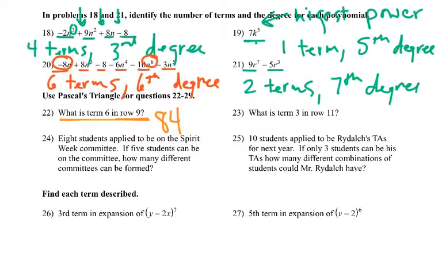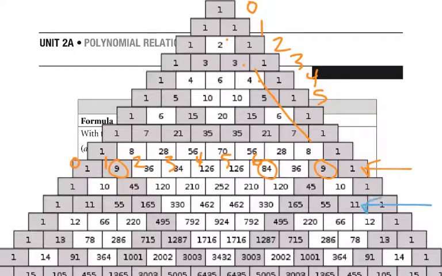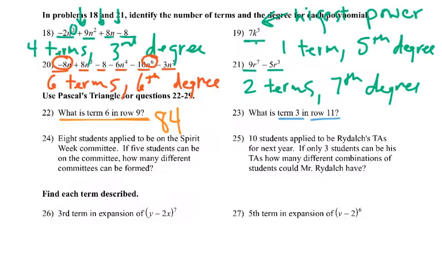Okay, 23, what is term 3 in row 11? So let's go to row 11 right here. Term 3, 0, 1, 2, 3, so 165. Okay, now in 24 and 25, they're essentially asking the same thing as 22 and 23 did, but they're doing it with that combinations idea, because Pascal's triangle helps us with the combinations.